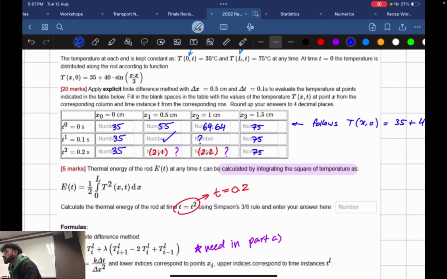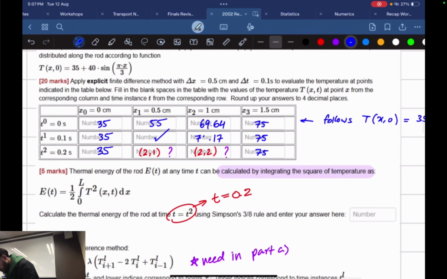This one? 1, 2, yeah. I'm getting 72.17. Oh, I might have put it in wrong. Hold on. This is basically actually the same as... What is it for one?